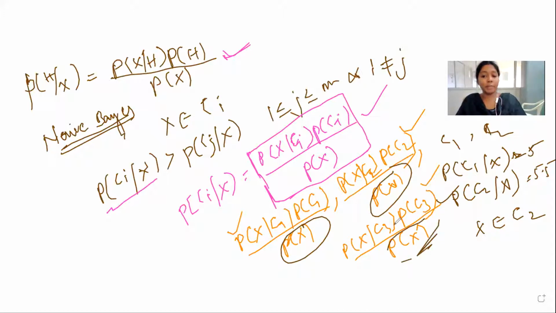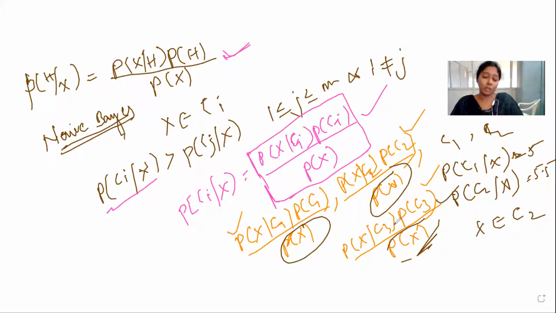Why? Because our aim is not to calculate the result of P of x by C1, P of C1. That is actually not the ultimate aim. Our ultimate aim is to find out the class which has the maximum value. We just want the class which got the maximum value.